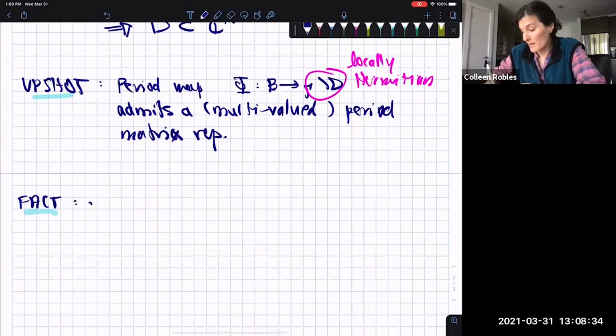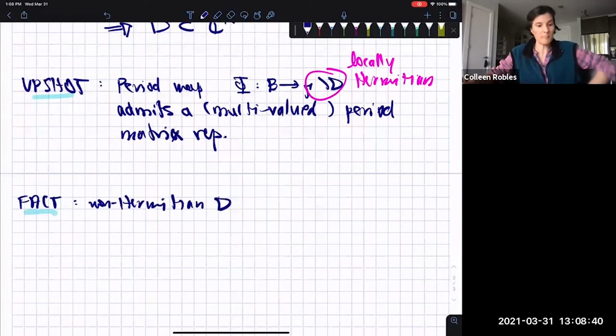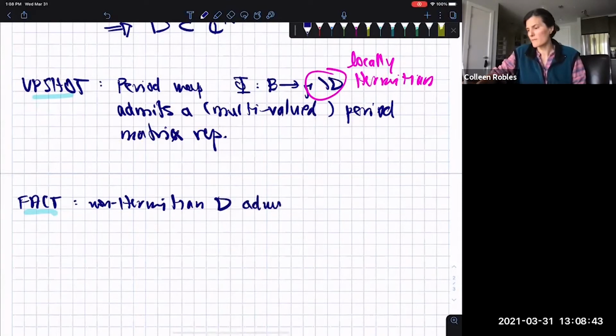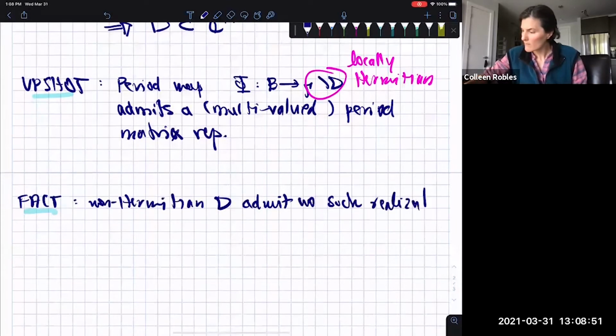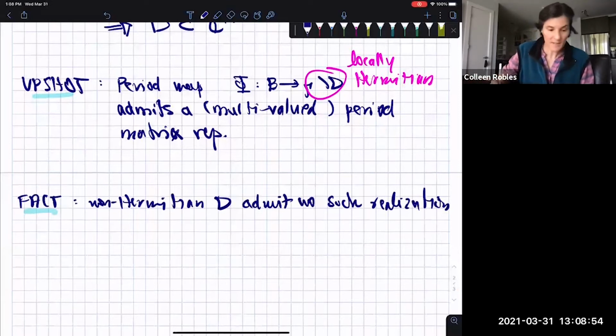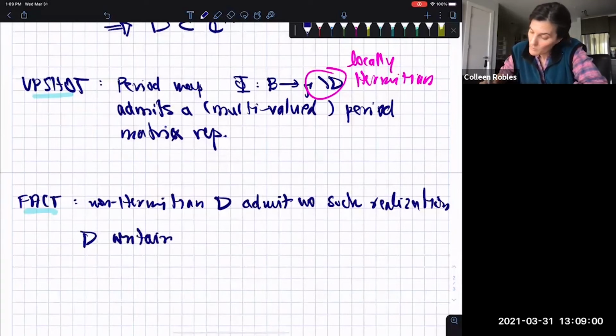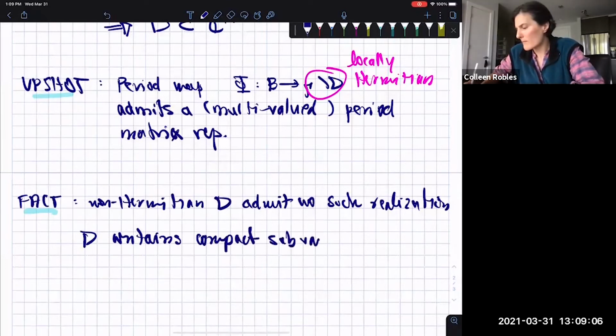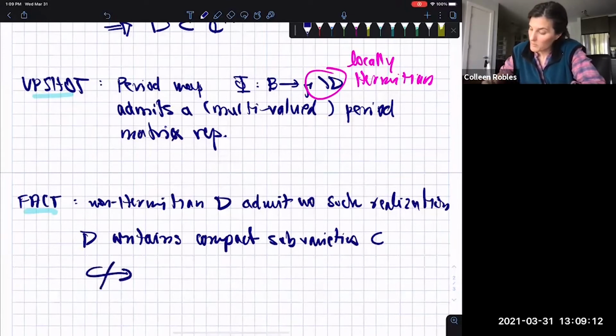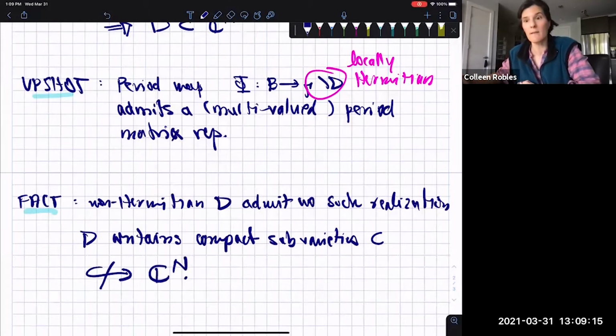So in general, the non-Hermitian D admit no such realization. Okay, and the reason for that is because D contains, in general, compact subvarieties, and that means that you can't put D inside an affine space.